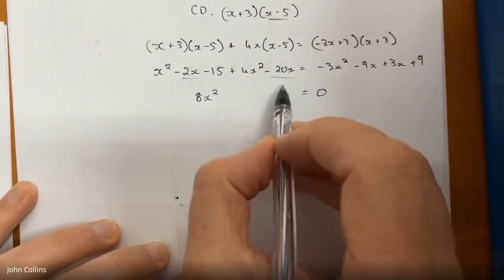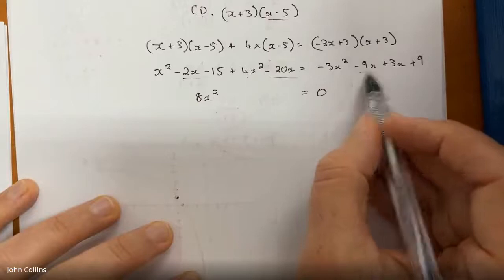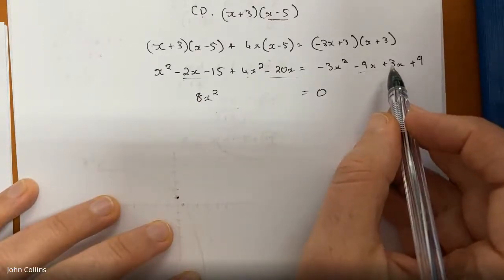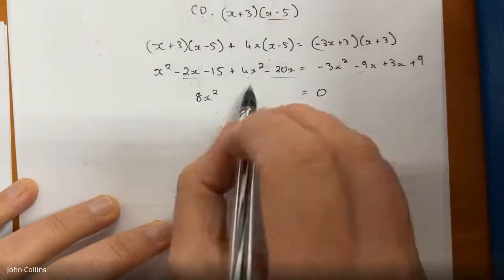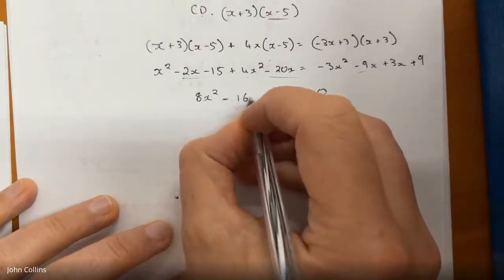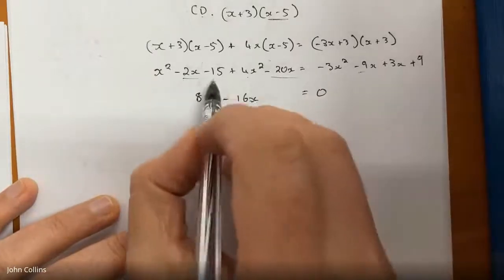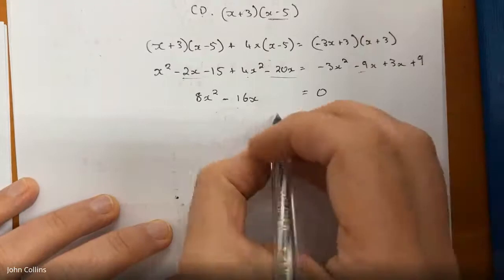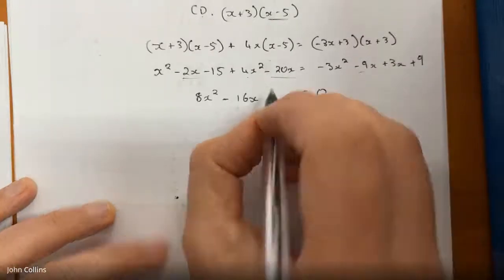Then the x terms: minus 2x, that's minus 22, minus 6. Oh, that'd be plus when it comes over, so it's actually minus 16x. Then the constants: minus 15, minus another 9.